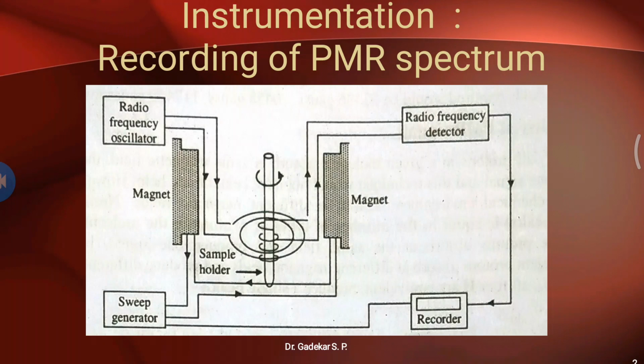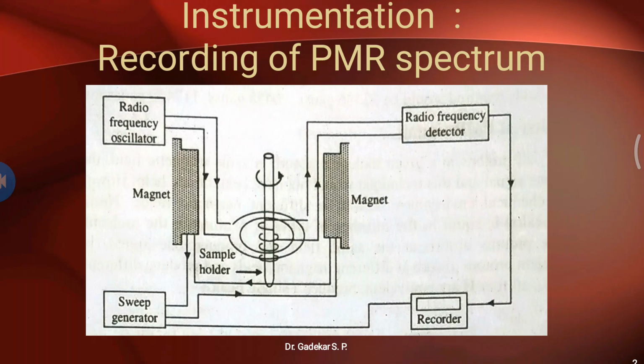Here, what is the function of the sweep generator? It is used to supply DC current and produce the electromagnet, a high voltage supply. Next is the radio frequency oscillator. What is its function?